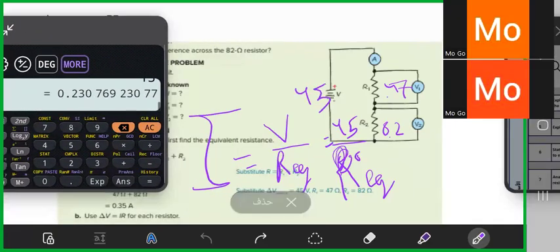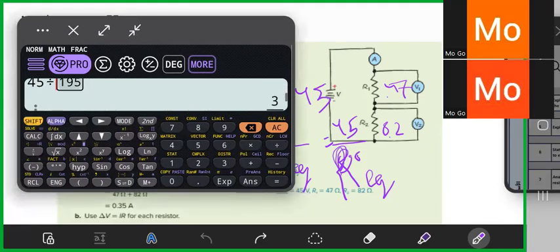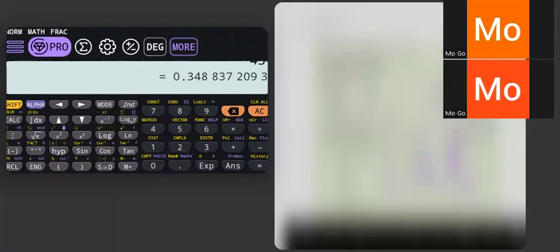Maybe I made a mistake. It was not that value. Let me write it like that: 45 over 47 plus 82. Oh, it was here 0.35 as he mentioned.